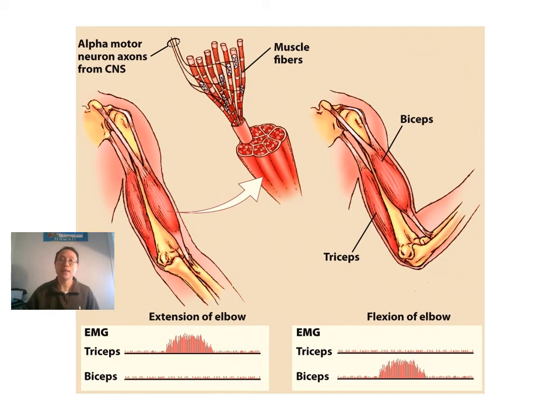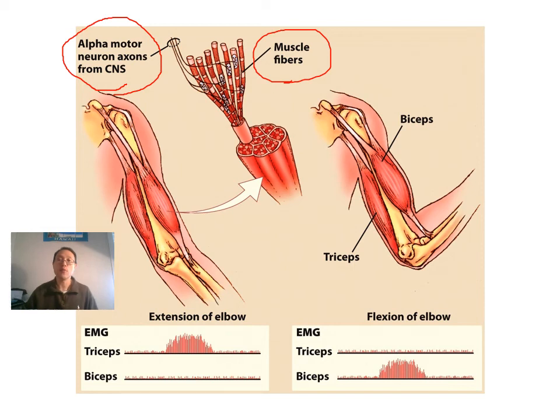Now let's take a look at what happens when you try to make a movement. Let's make the easiest movement, the flexion and extension of the elbow. When you want to make a movement, the alpha neuron starts firing in the spinal cord, and this makes the muscle fibers shorter. Whenever the alpha neuron fires, it makes the corresponding area of the muscle shorter.